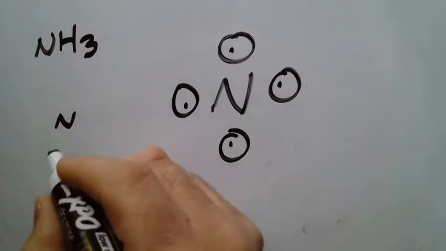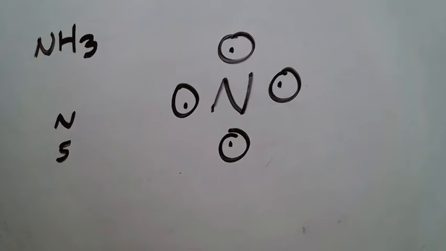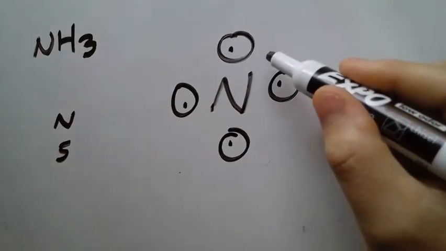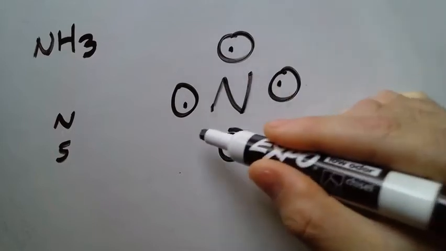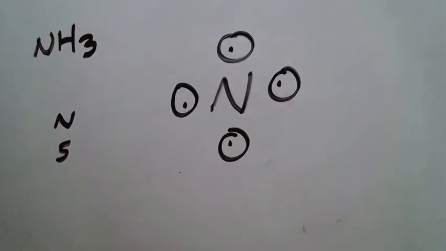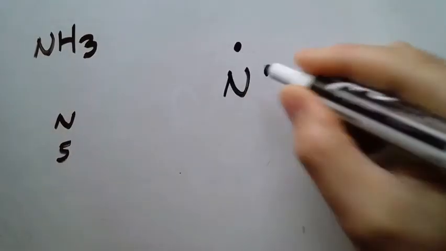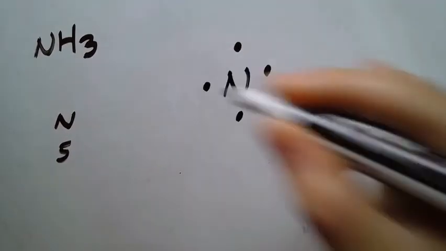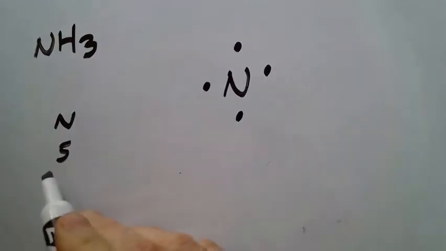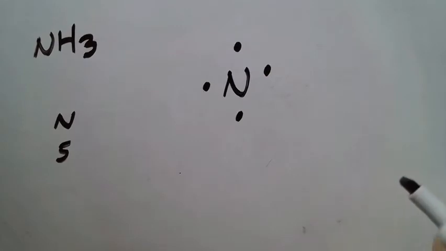So since nitrogen has 5 valence electrons, I'd put 1 in each of those 4 points. Notice I can't put any in the corners, so never put any in the corners. They only go in those 4 points. So nitrogen would have 1, 2, 3, 4. But since it has 5, then I can start doubling up.